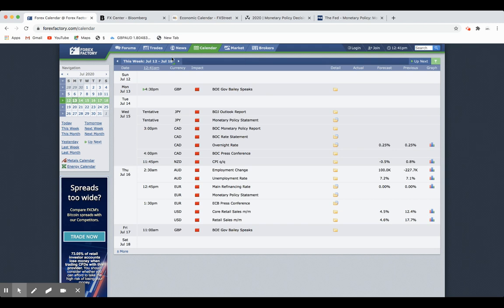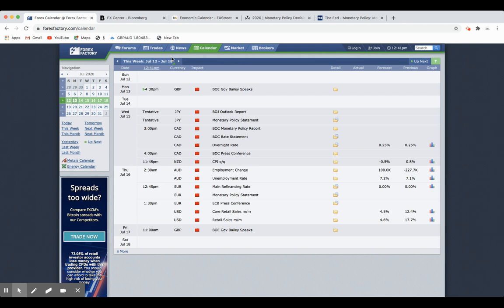Tuesday then, a free day, that's cool. We should be good to trade through that, no problem. But then when we hit Wednesday, we have some interest rate decisions and monetary policy statements from the Bank of Japan and the Bank of Canada. Okay, so these are going to be big pieces of information for myself. Interest rate decisions are, of course, central bank data, very important, and the monetary policy statement that comes with it is also going to be quite important.